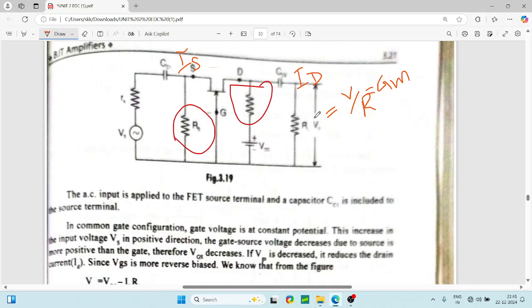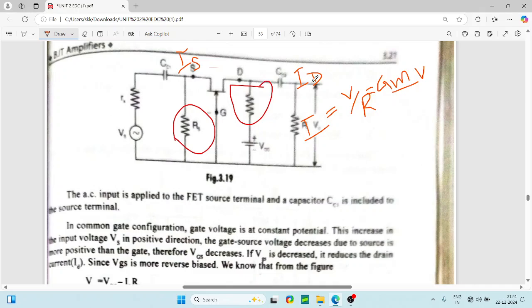So here, this is Ohm's law, I is equal to V by R. The voltage stays the same; it does not change. Then 1 by R is nothing but GM, so we get GM into VGS.